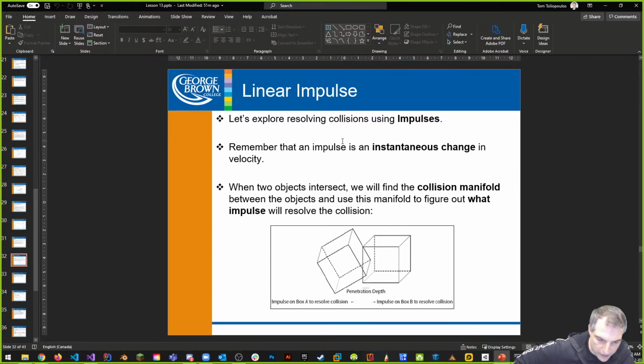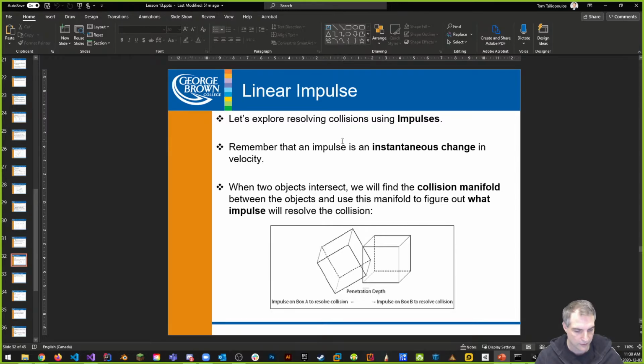We're going to be trying AABB, axis-aligned bounding boxes, and we need to resolve our collisions using something called impulse. Remember, an impulse is an instantaneous change in velocity. We're going in a particular direction, and we instantaneously change to a different direction.